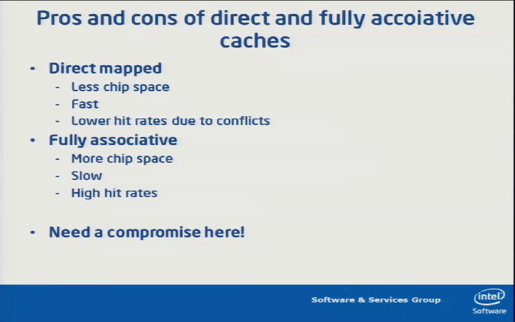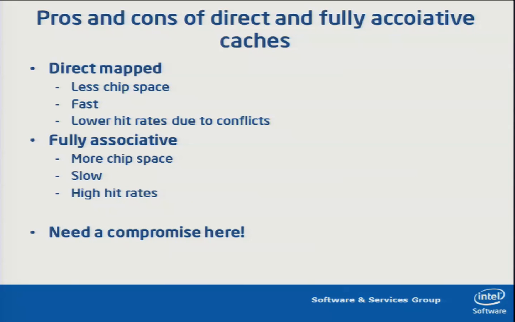Okay, so pros and cons of these two strategies. The direct mapped approach has less chip space. It's faster, but it has much lower hit rates due to the conflicts that we produce, because if we work on, say, a very confined area in the memory, we're very likely to always evict lines from the cache that we actually want to reuse further on.